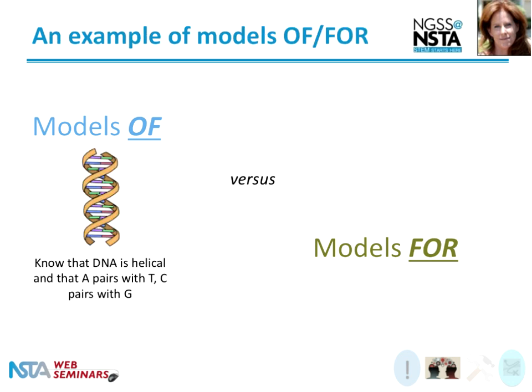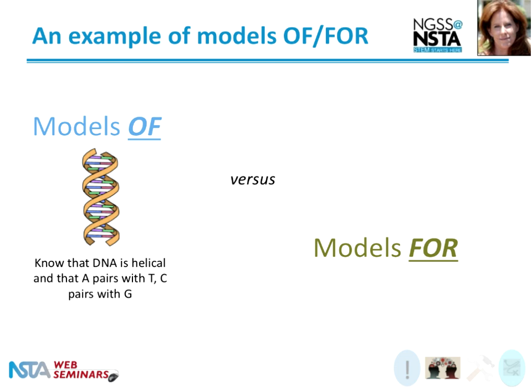So let me give you an example of that. When we think about the DNA molecule, if we're in a models of framing of that scientific idea, we care that students might know the details of the structure of DNA, that it's helical, that A pairs with T and C is paired with G, and some of those details about what Watson and Crick figured out.